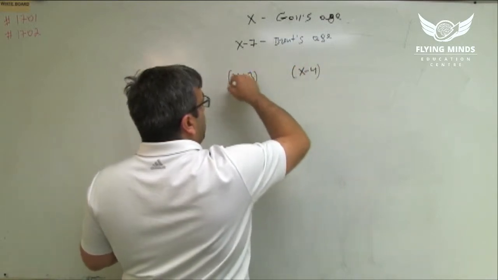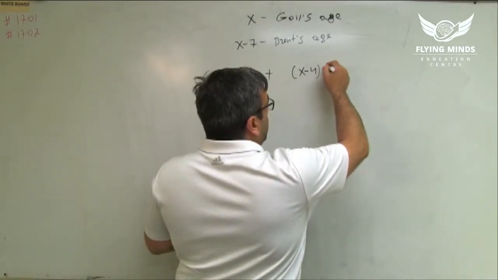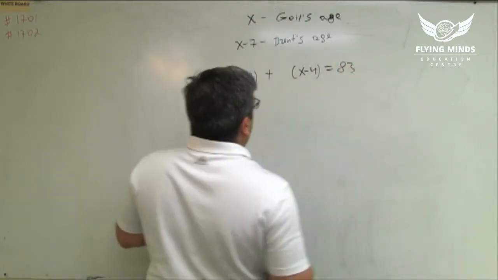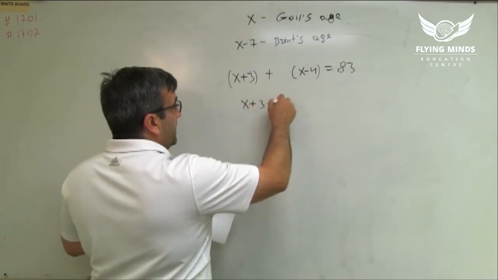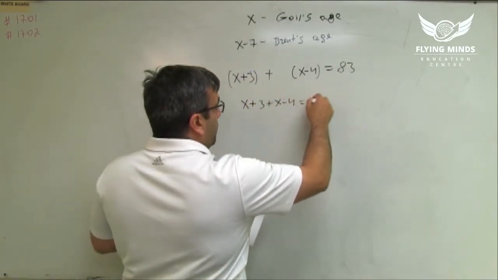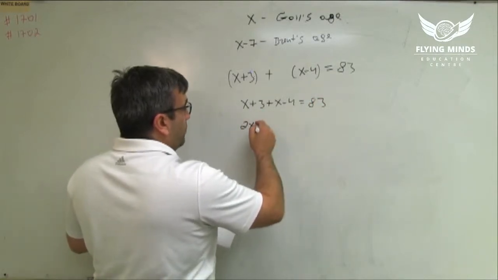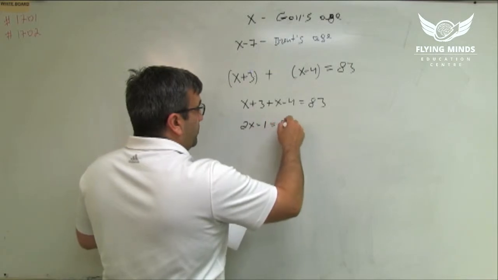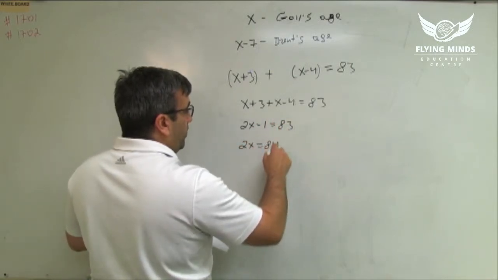So if we add their ages, the sum will be equal to 83, right? So we'll open brackets, X plus 3 plus X minus 4 equals 83. Combine like terms: 2X, 3 minus 4 is minus 1, equals 83. Add 1 on both sides, we get 84.